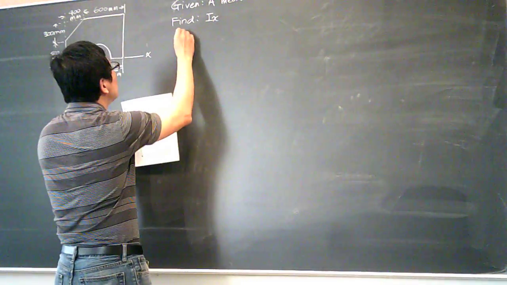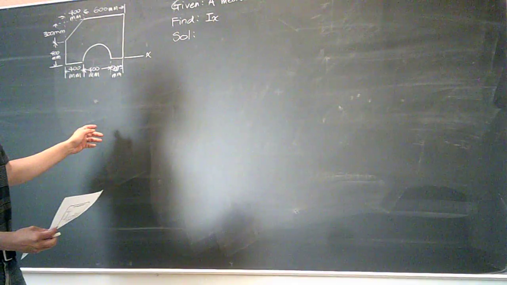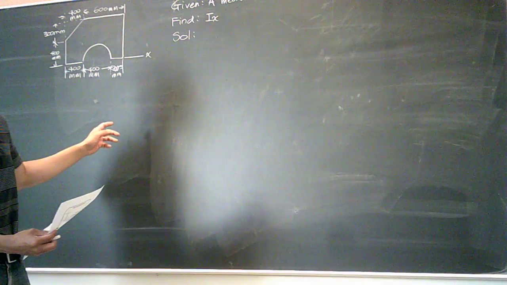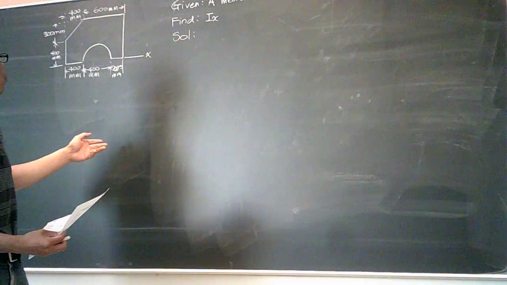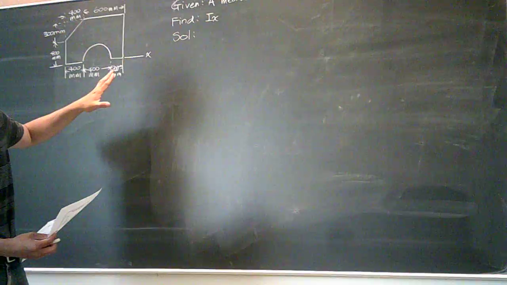So clearly this is not a shape you can represent using a mathematical function, right? So we would like to decouple this thing into different parts, then combine them together to get our moment of inertia. So how many pieces do you think is adequate?